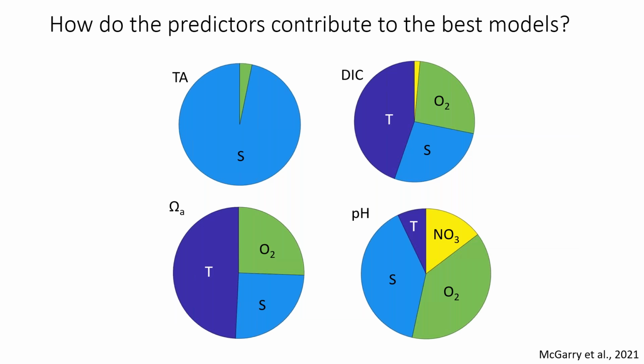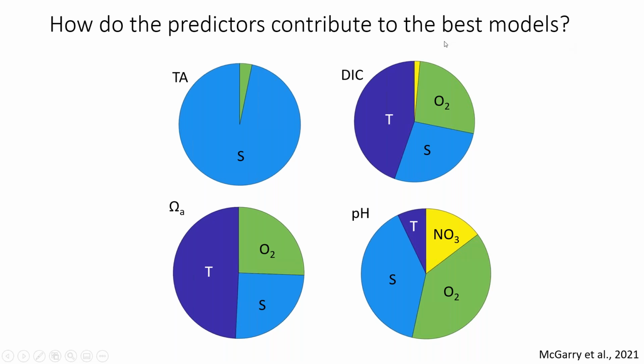So now to dive into the equations and see what they say about the processes, here the magnitude of the coefficients in each equation of the best models are depicted as a pie chart. So total alkalinity, you can see it's mostly explained by the salinity because it's mainly affected by mixing of water masses with different properties. Oxygen is a strong predictor of all of the other variables, which indicates that we need to account for biological activity to estimate those variables.